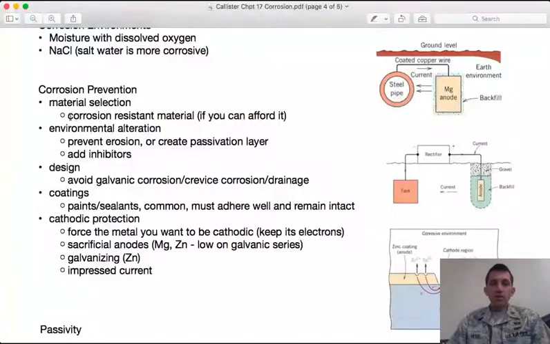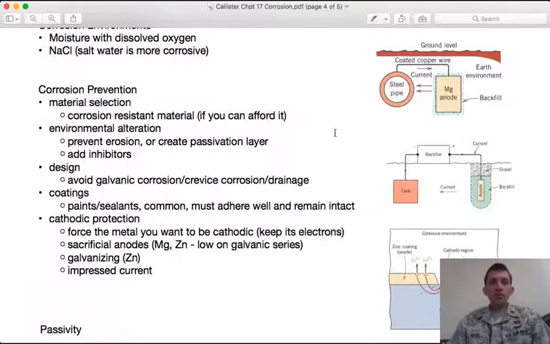Generally though, the more corrosion resistant a material is, the more alloying elements it has, the more heat treatments it has, which drive up the cost. And so generally, you don't pick the most corrosion resistant material because it would be much more expensive. So it's a balance in most cases between the expected lifespan of your component, the corrosion resistance of that material, and the cost of the material.